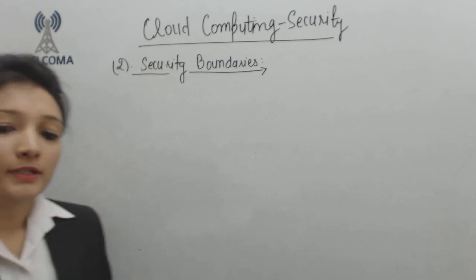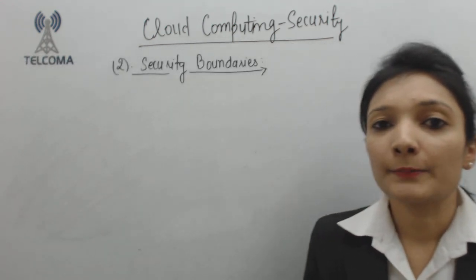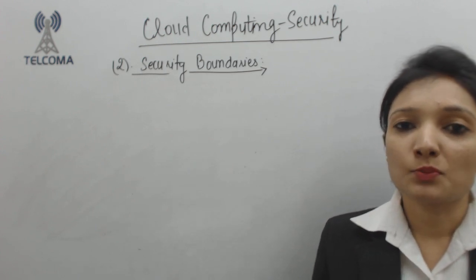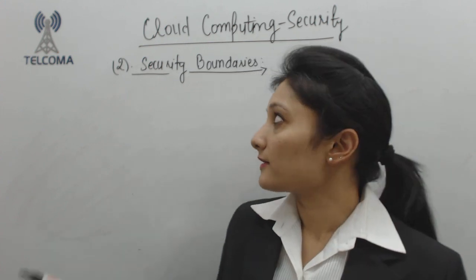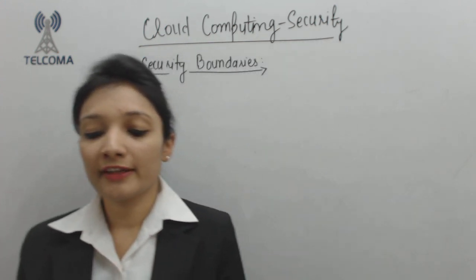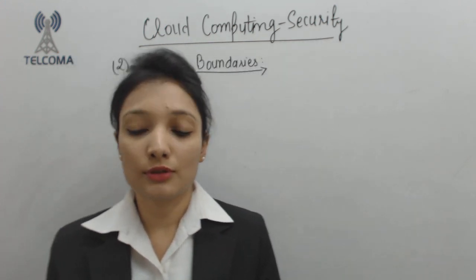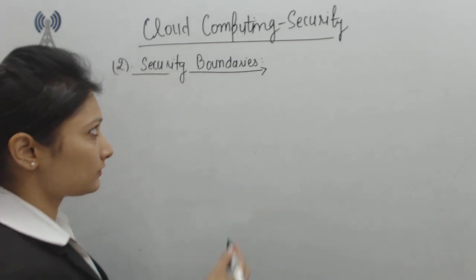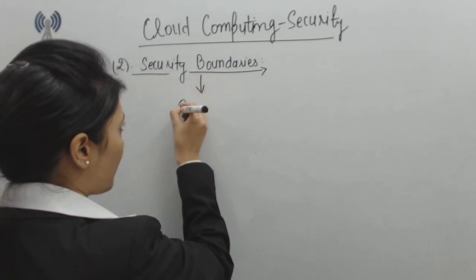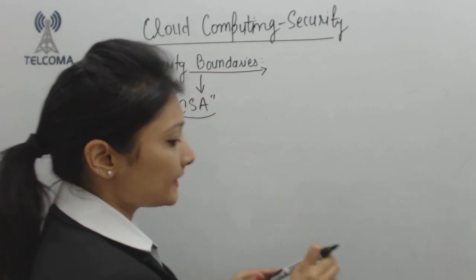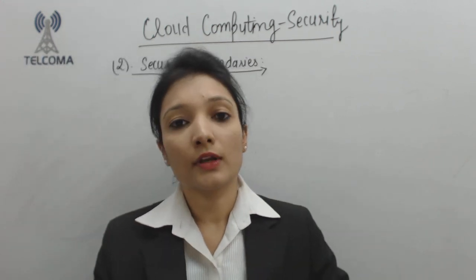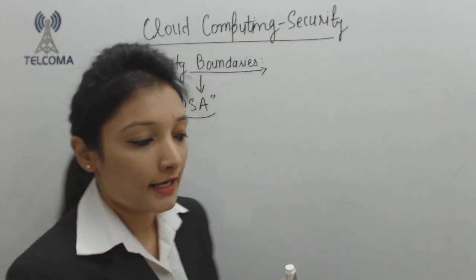Now, there are particular service models which define the boundaries between the responsibilities of the service providers and the consumers. So for defining the security boundaries, we have the CSA, which is the Cloud Security Alliance.